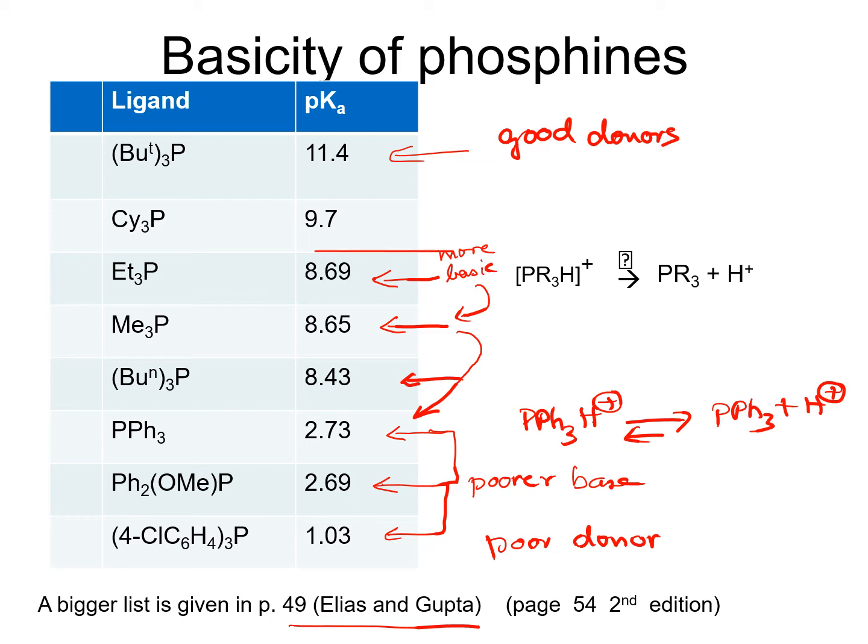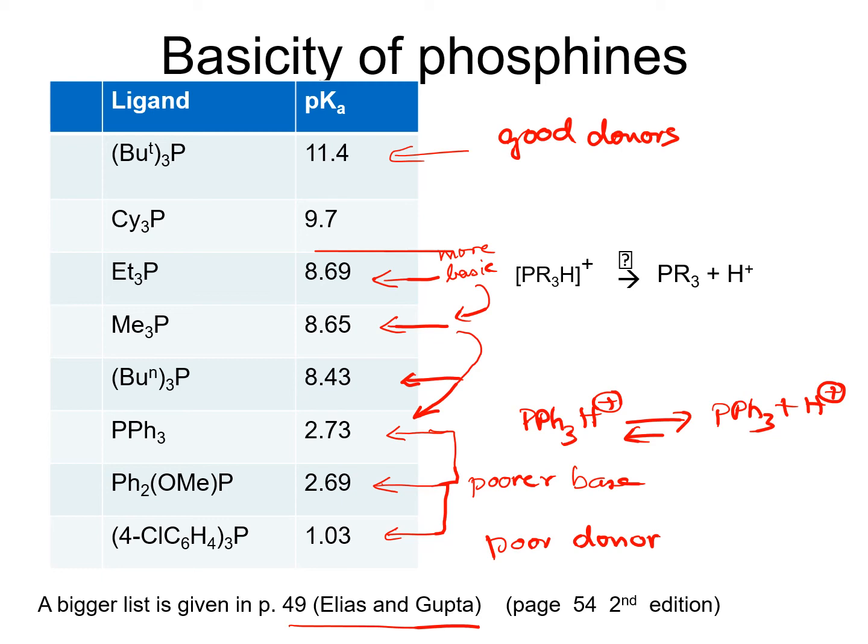That means PR3H plus would be very stable, and PR3 would be very little in solution when you have a very good base. The Ka will be small, and correspondingly pKa will be very large.